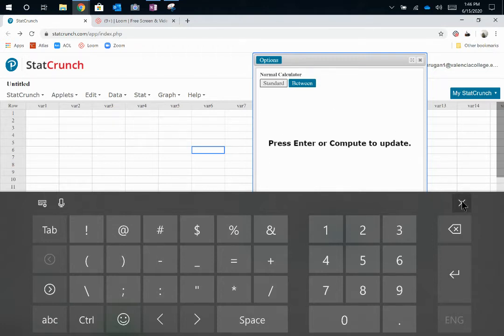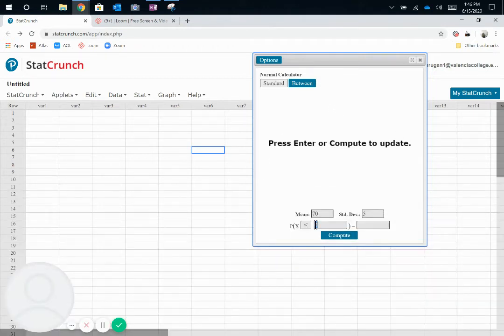And then they're asking us for less than or equal to 65.